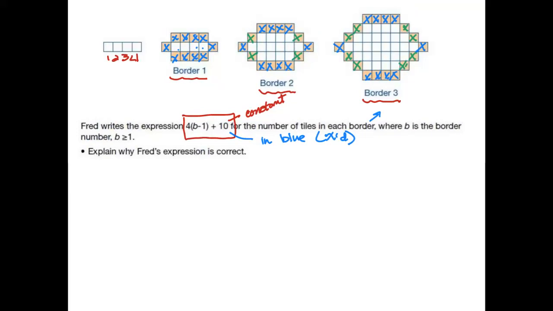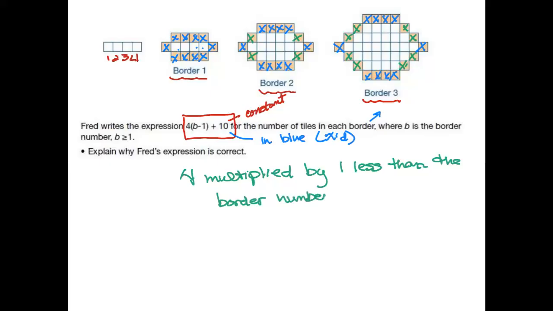So we can say it works because you take 4 multiplied by 1 less than the border number, okay, plus the 10 that remain constant.